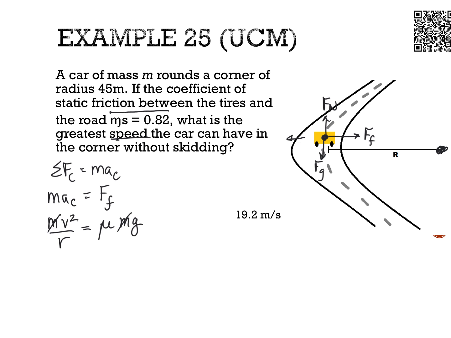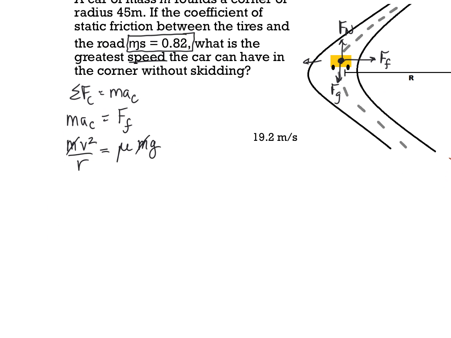Static friction, not kinetic friction, between tires and a road, because it's not sliding, that's the whole point. So we want to know v squared is equal to mu sub s g r, right? And then we're going to take the square root of that.